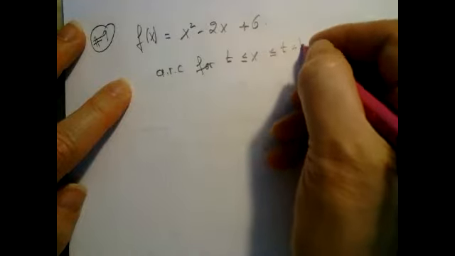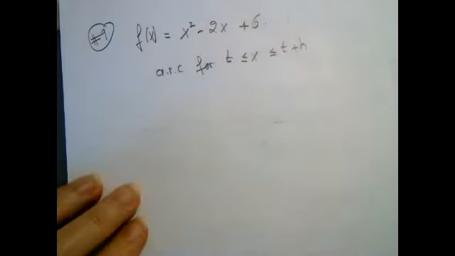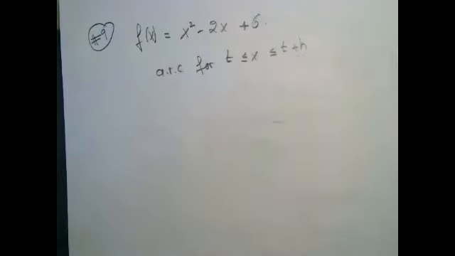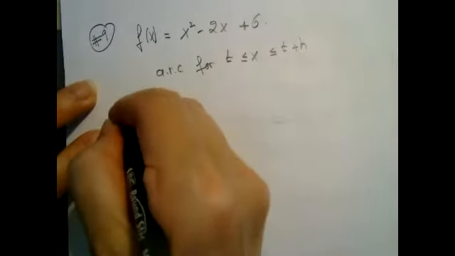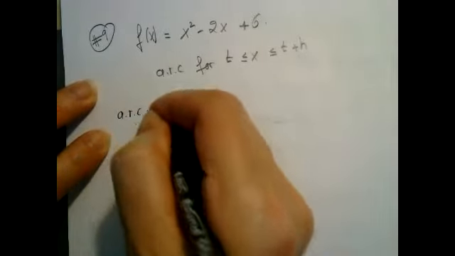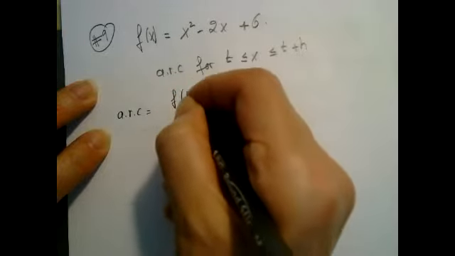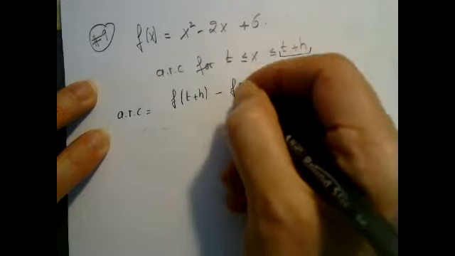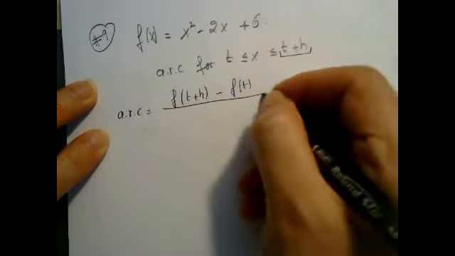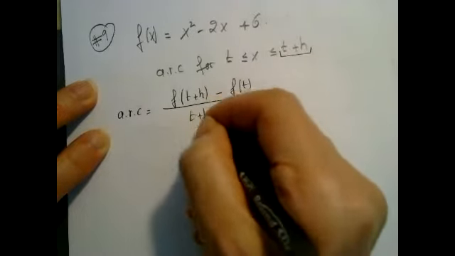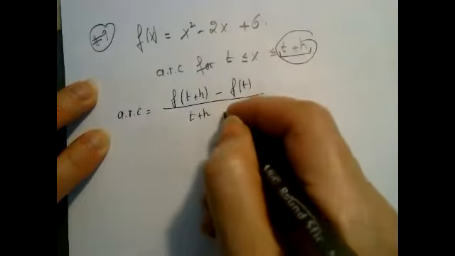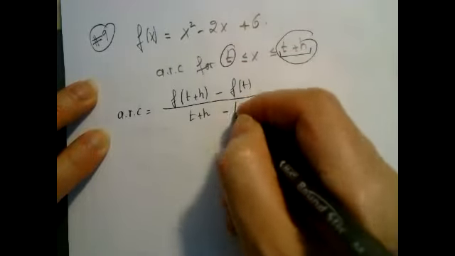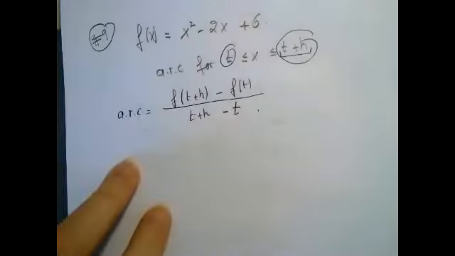Again, this is another type of symbolic problem that I'm trying to make you used to. So what's the average rate of change? The formula is f of t plus h minus f of t over t plus h minus t.